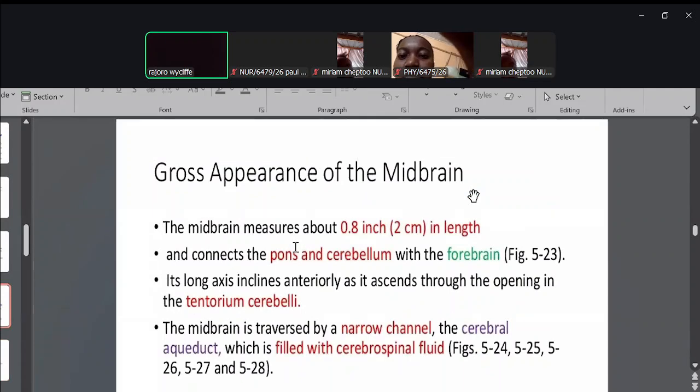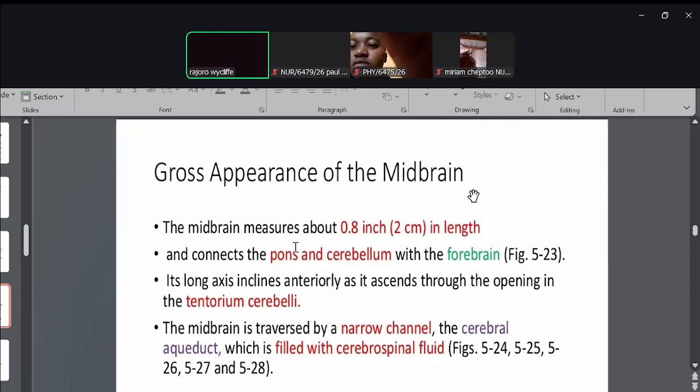Now, the midbrain. The last part of the brainstem, what you call the midbrain, the superiormost part. The midbrain measures about 0.8 inches, that is 2 centimeters in length, and connects the pons and cerebellum with the forebrain. Its long axis inclines anteriorly, and it ascends through an opening in the tentorium cerebelli.